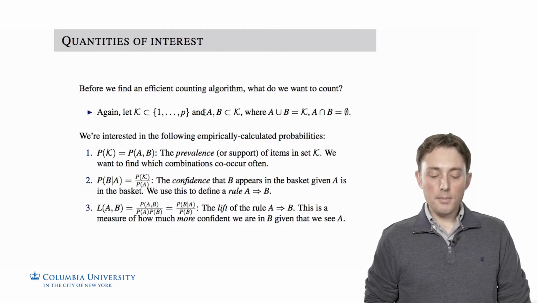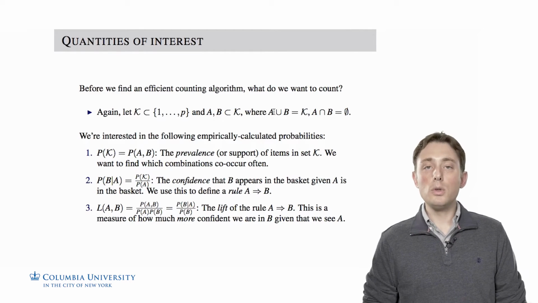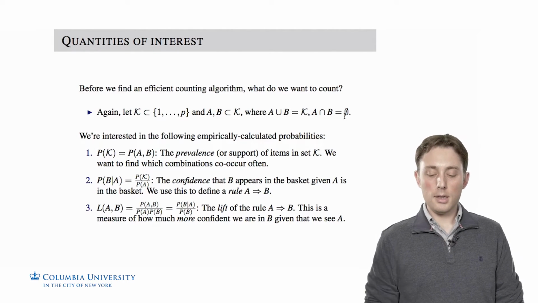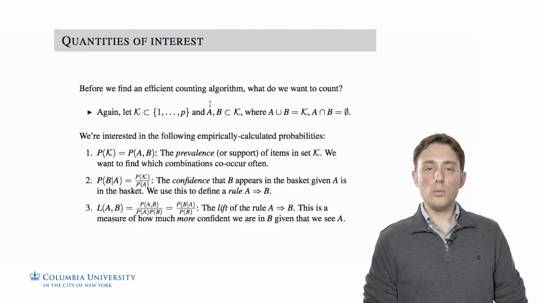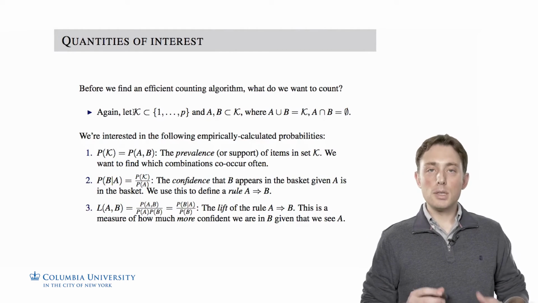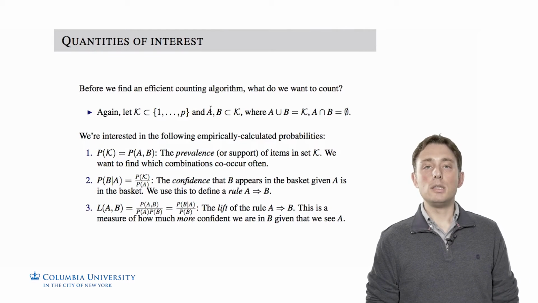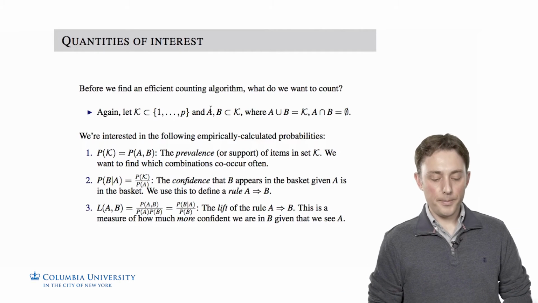And we're going to let A and B be 2 subsets of K, such that the union of those 2 subsets is K, and A intersected with B is the null set. So in other words, we let K be a subset of the superset 1 to P, and then we define A and B to be a partition of K into 2 disjoint sets.